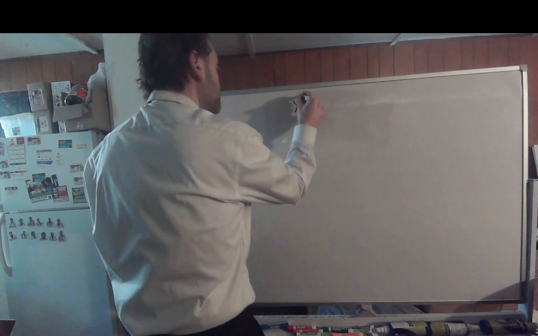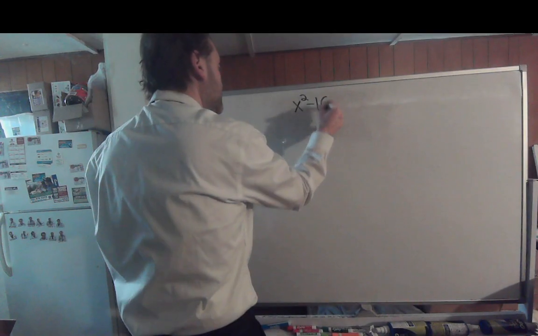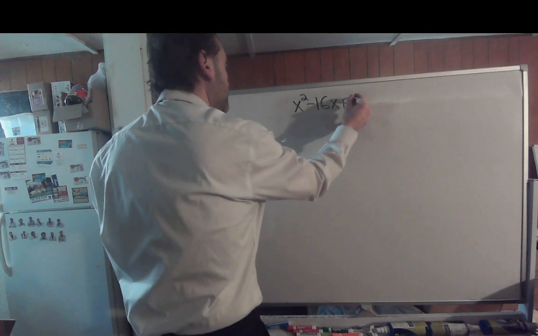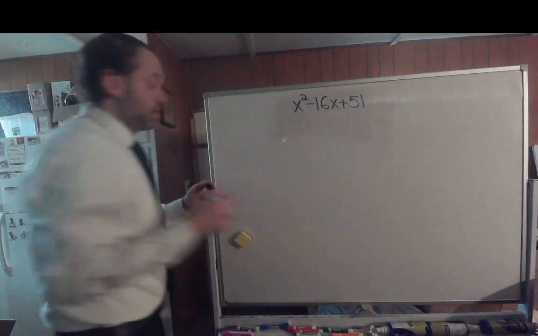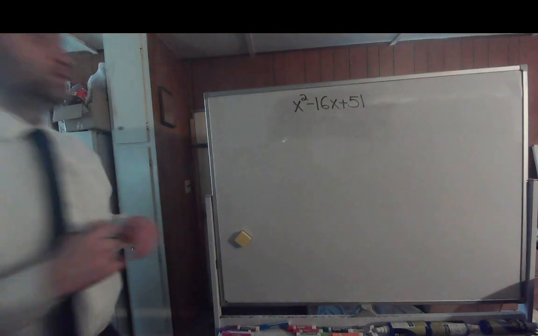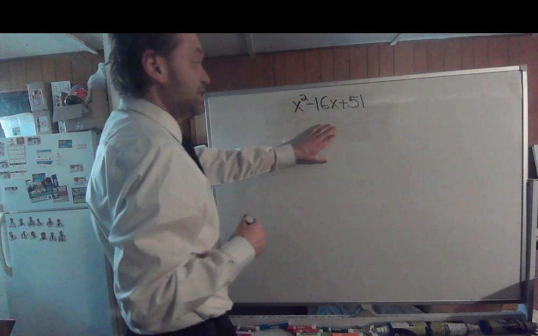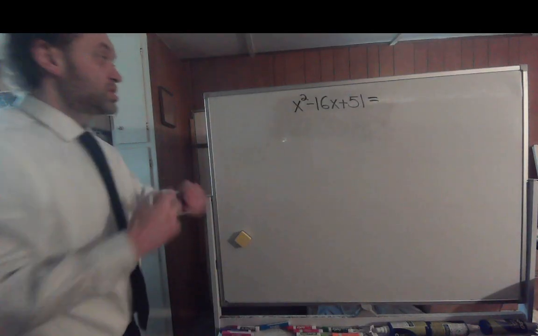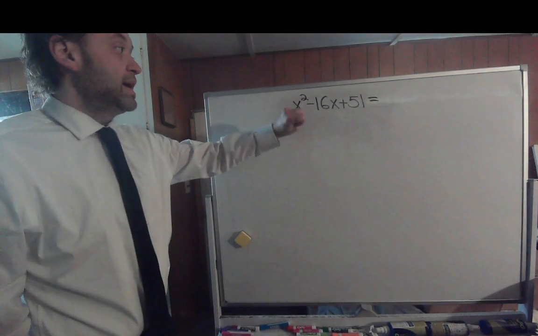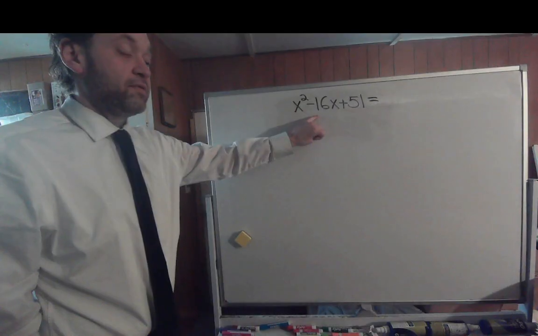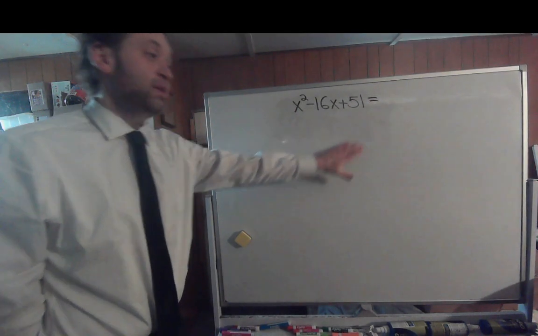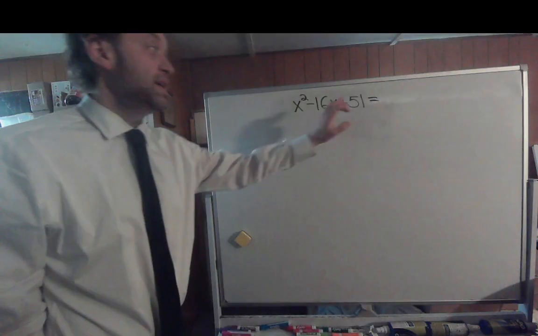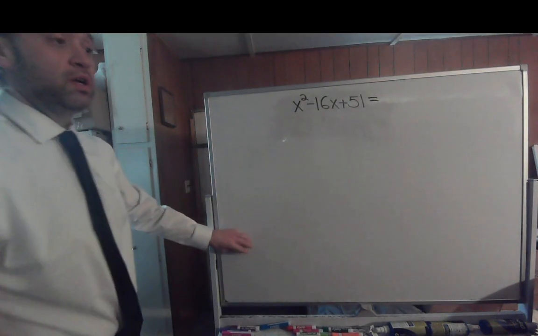Alright, we have x squared minus 16x plus 51. That's going to be a fun one. Again, your middle term is negative, but your constant term is positive, so we only consider negative factors of 51.